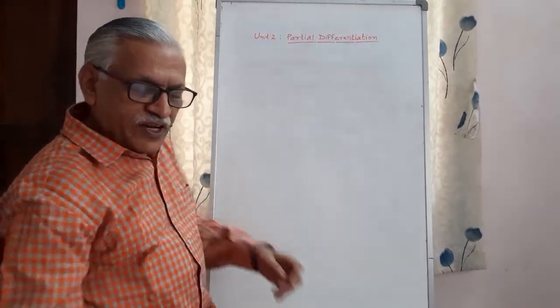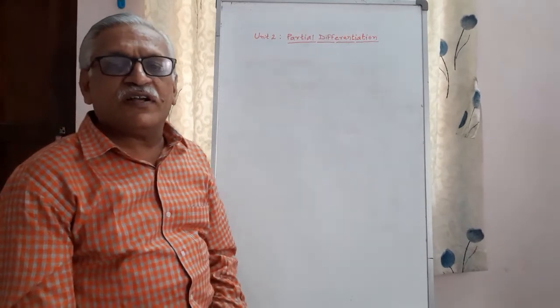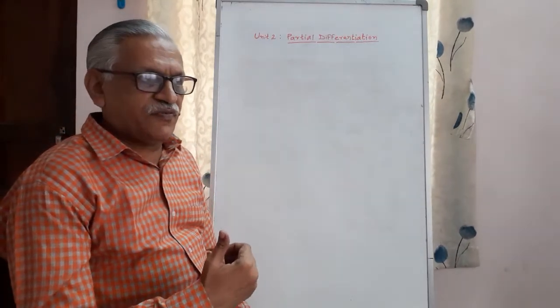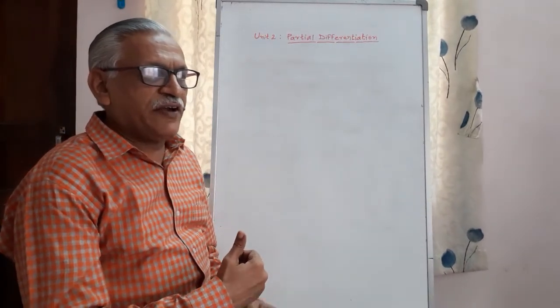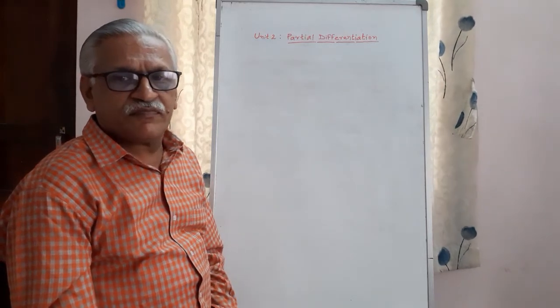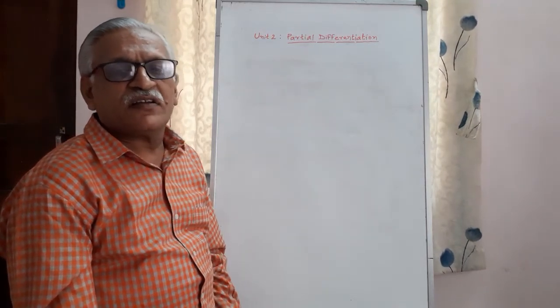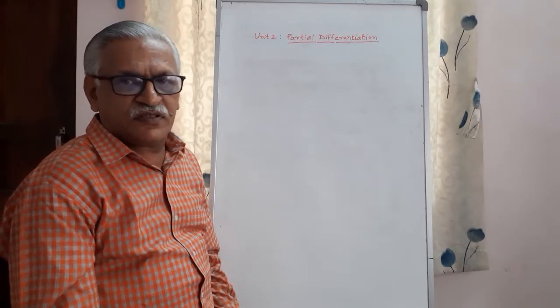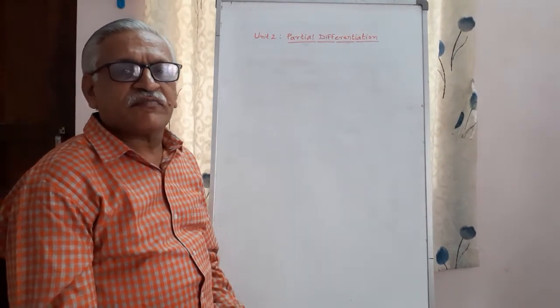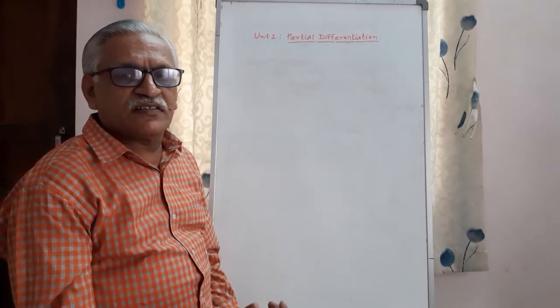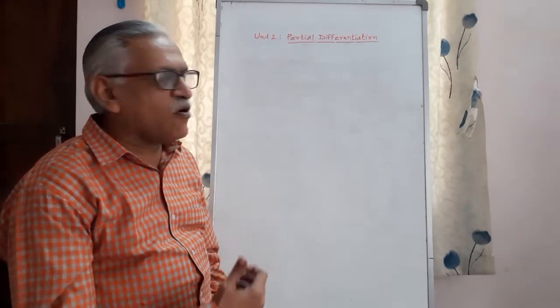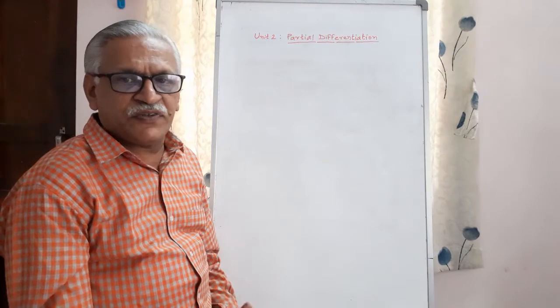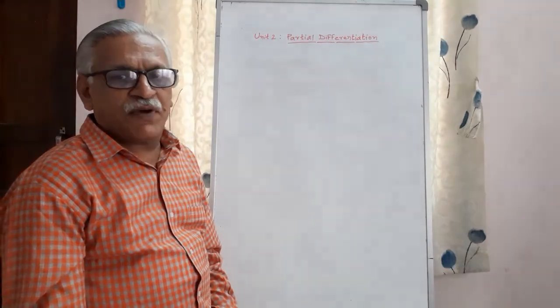We will see how we can find the partial derivatives when it is a function of addition of two terms. Second case, how we can obtain the partial derivatives when it is a product of two terms. Or third case, when it is in the form of a quotient or division, how we can obtain the partial derivatives.